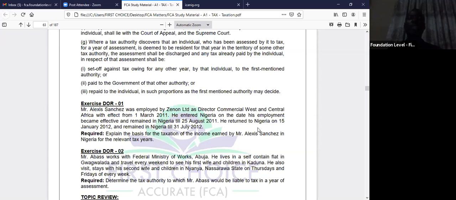He entered Nigeria on the date his employment became effective, and remained in Nigeria till 25th August 2011. He returned to Nigeria on 15 January 2012 and remained in Nigeria till 31st July 2012. Explain the basis for the taxation of the income earned by Mr. Alex Sanchez in Nigeria for the relevant years.